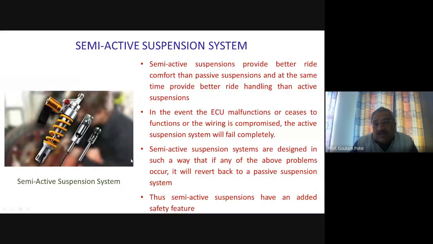Semi-active suspension systems are designed in such a way that if any of the above problems occurs, it will revert back to the passive suspension system, because the material within the shock absorber remains. So it will have some stiffness. You cannot change the stiffness, but it will act as a passive suspension system. Thus, semi-active suspension has an added safety feature.